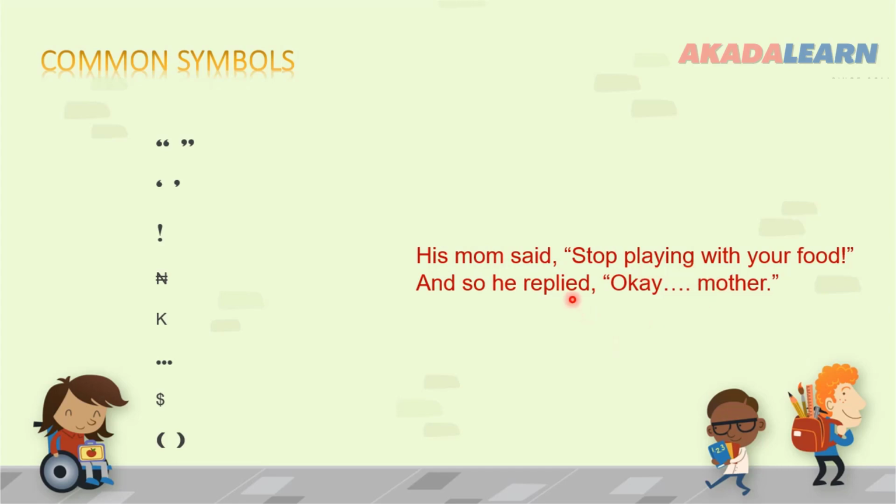So do you notice the quotation marks? Here and here. Alright, so what are they doing in this? What are they doing here? They are showing us that his mom, this character in this story, this is where they started talking and this is where they stopped, okay?